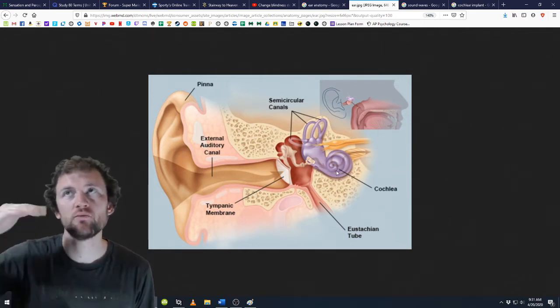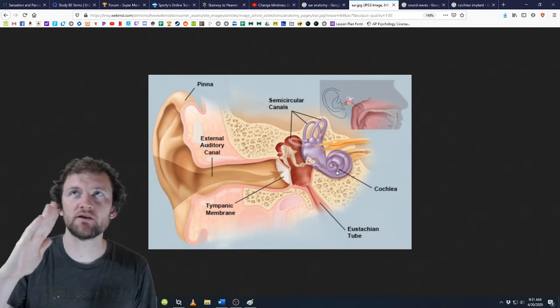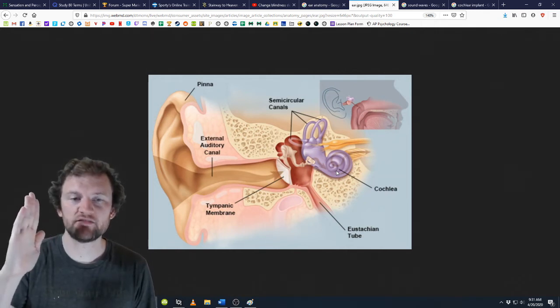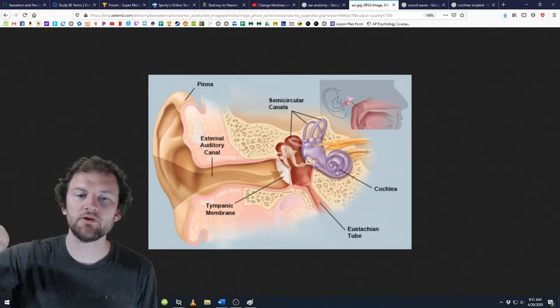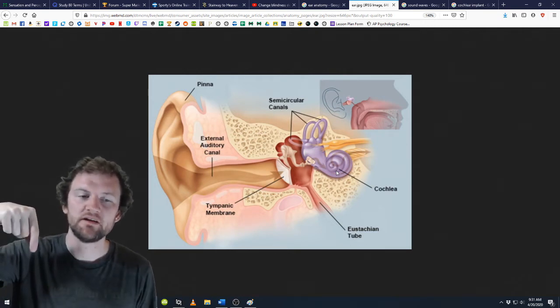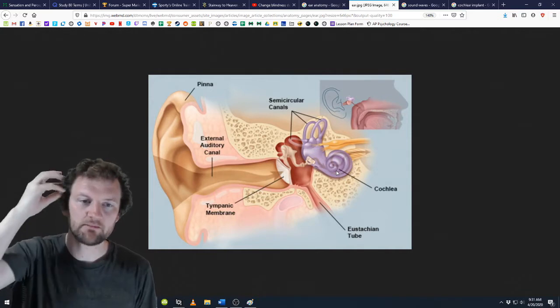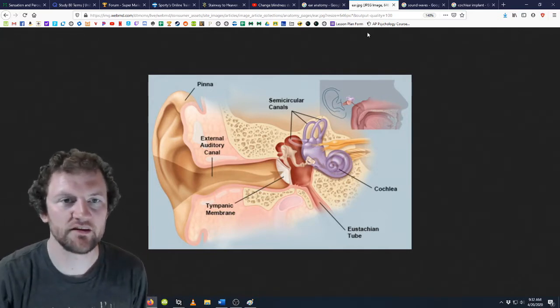So instead of a hair cell moving when you hear a certain pitch of sound, since that system doesn't work for you, that electrical cable sends a replacement signal based on what the microphone heard, and then your brain hears in a similar way.